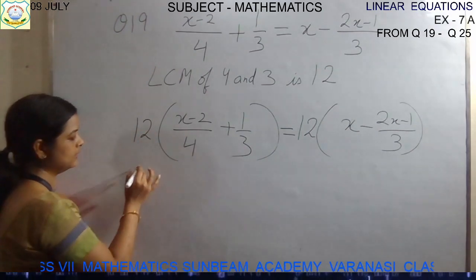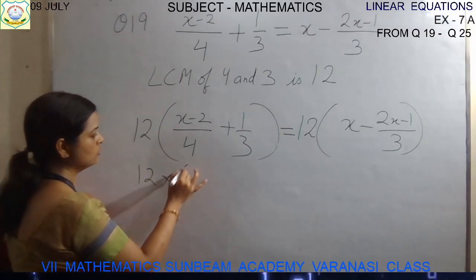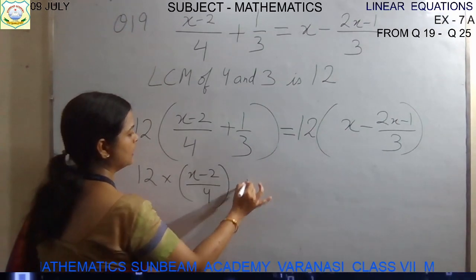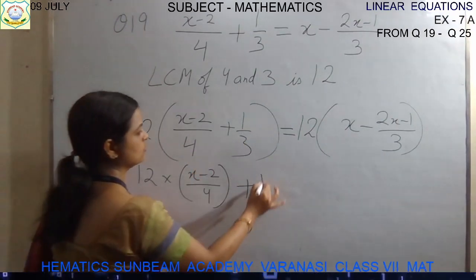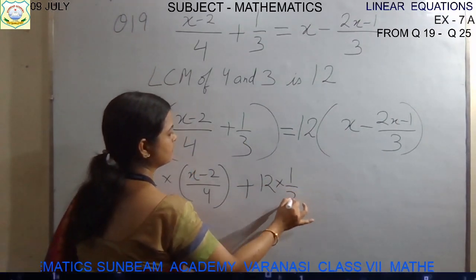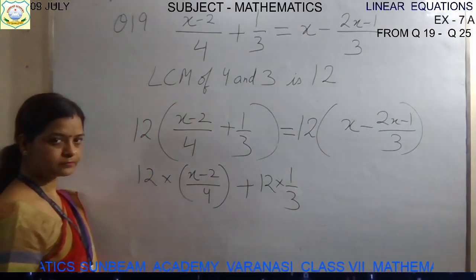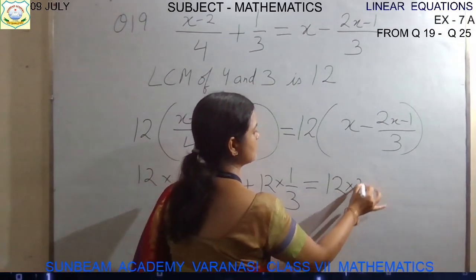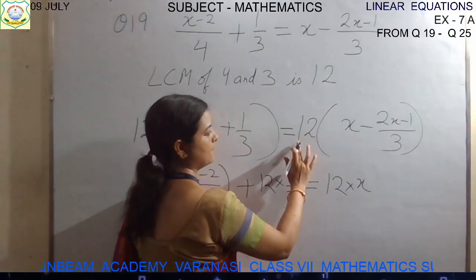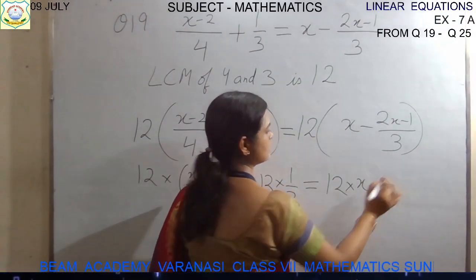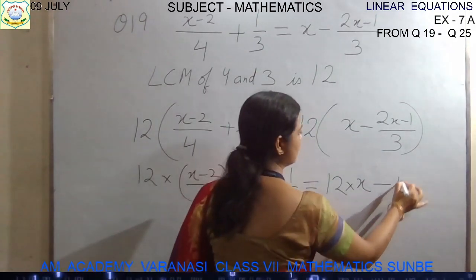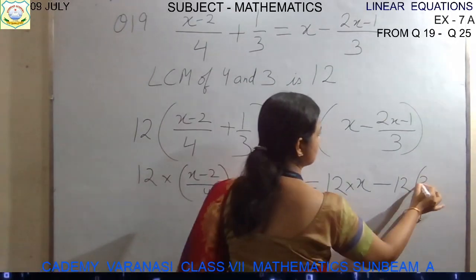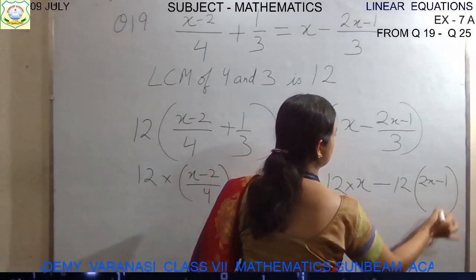First multiply it. 12 into (x minus 2) by 4 plus 12 into 1 by 3 is equal to 12 into x minus 12 into (2x minus 1) by 3.